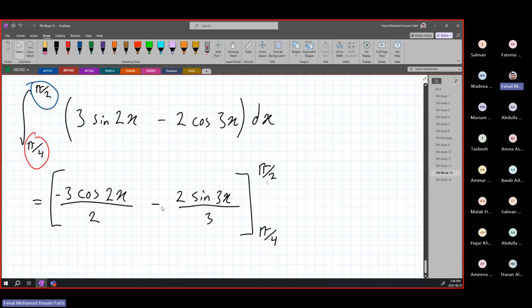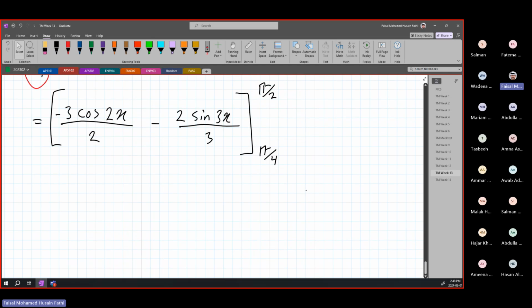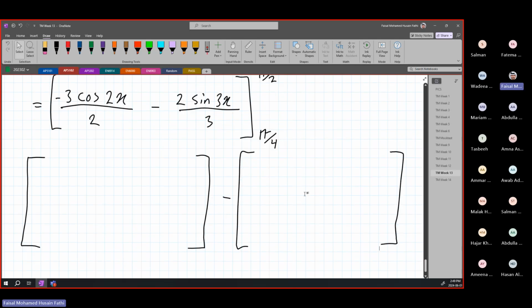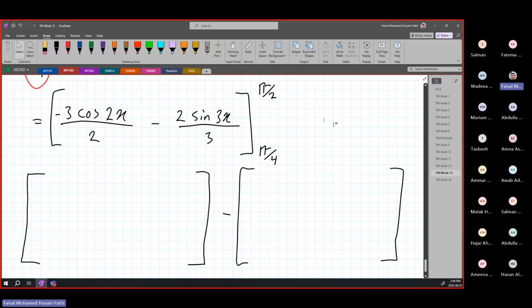Then, now, if you want to put these into brackets, it's going to be a huge mess. So what you have to do is put a large bracket. It's going to be one bracket here minus one huge bracket over here, again from pi over 4 to pi over 2.